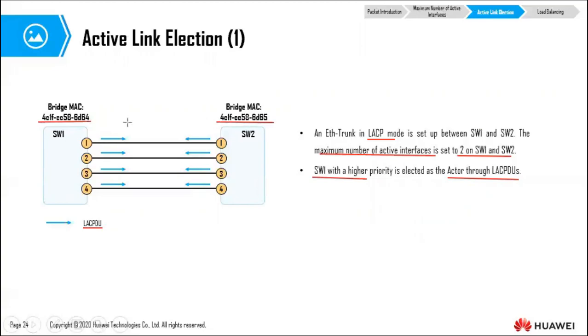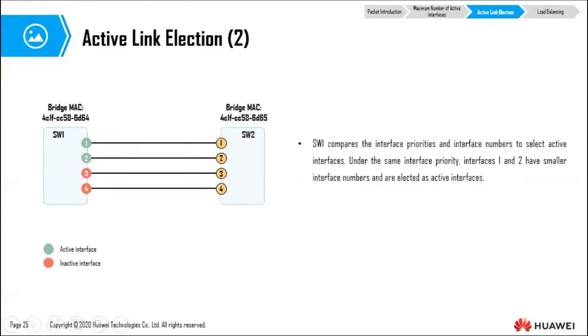As you can see, these two are the same. The only bit that is not the same is this 5 and 4. So whoever has the lower value, which is switch 1 in this case, is elected as the actor. Okay. So active link election, switch 1 will compare the interface priorities and interface numbers to select active interfaces.